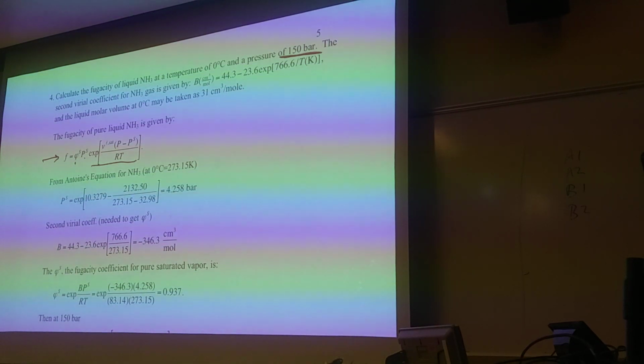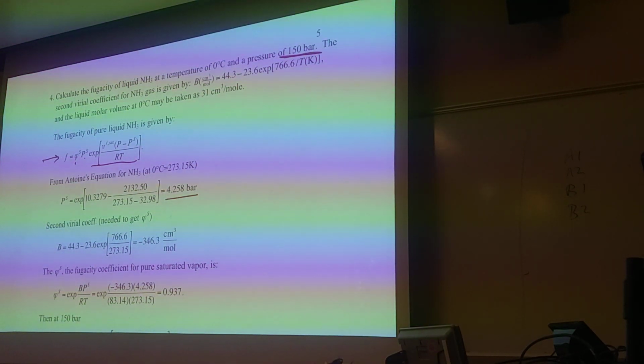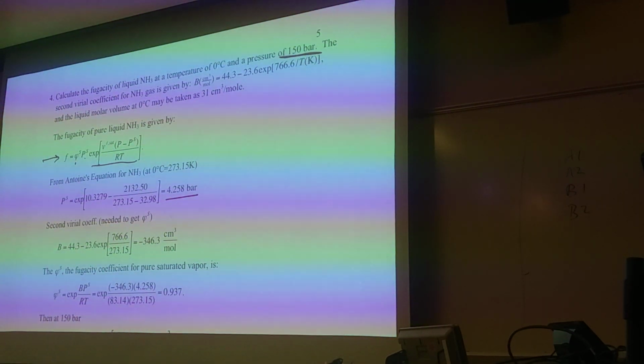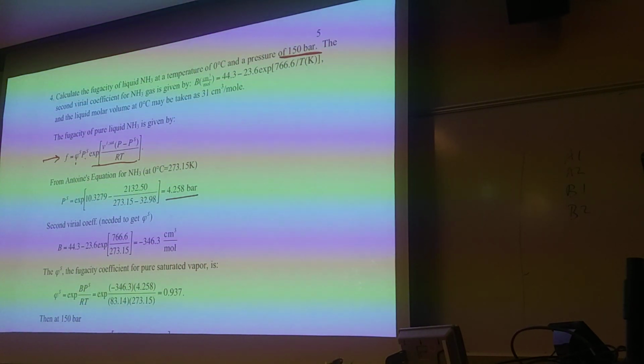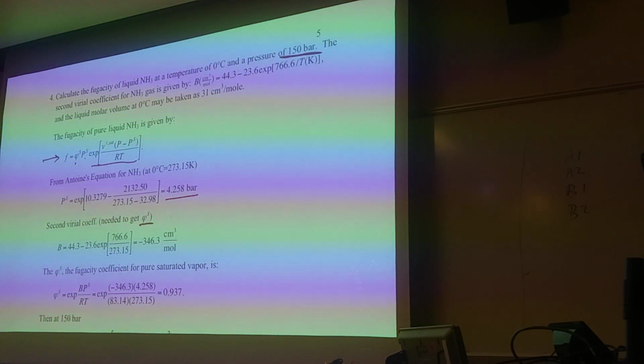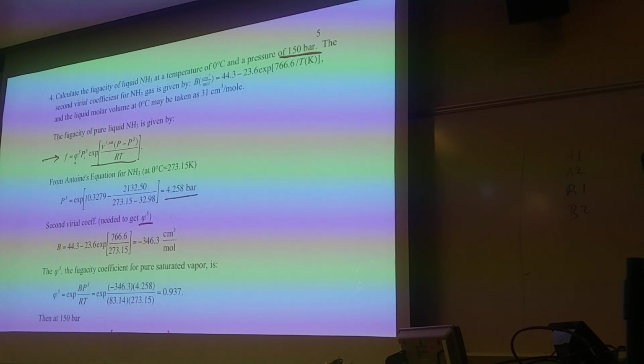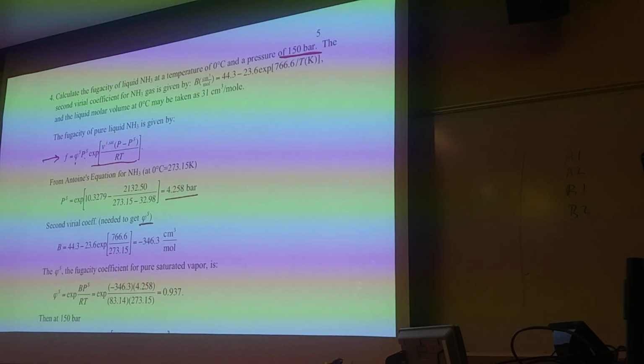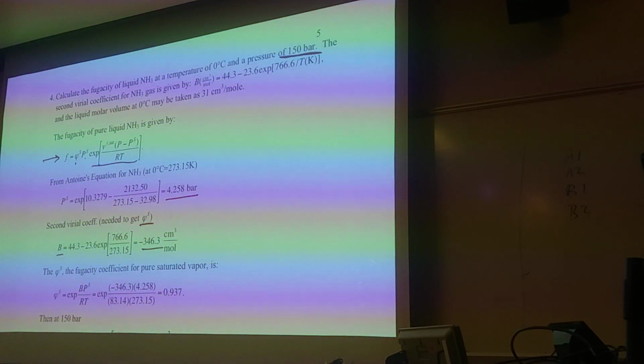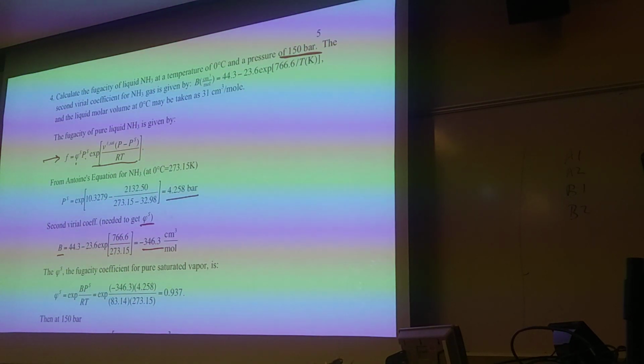From Antoine's equation, we get the vapor pressure for liquid ammonia at 0 C is 4.258 bar. Now to get the fugacity coefficient, we expect that it's going to be not very different from 1, but we have the information that allows us to calculate it. The second virial coefficient at the temperature of interest is minus 346.3 cubic centimeters per mole.